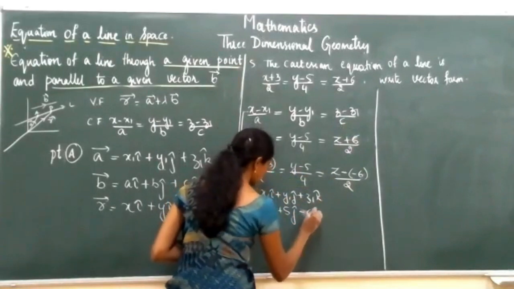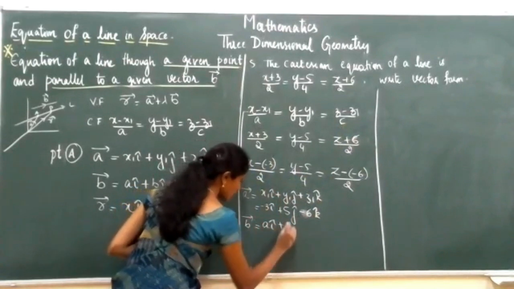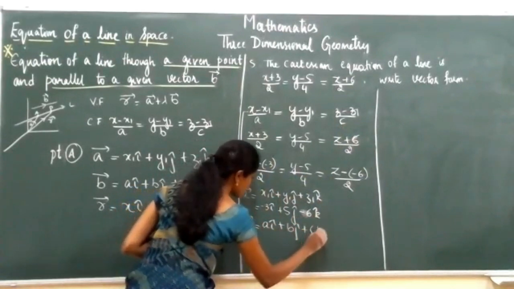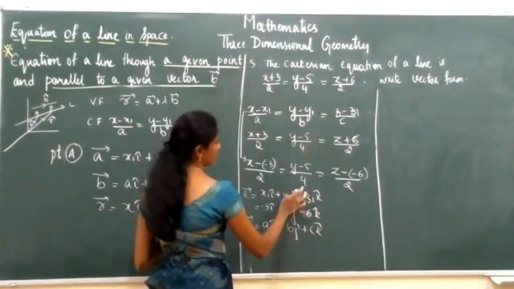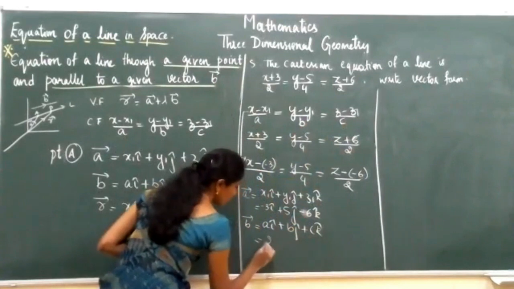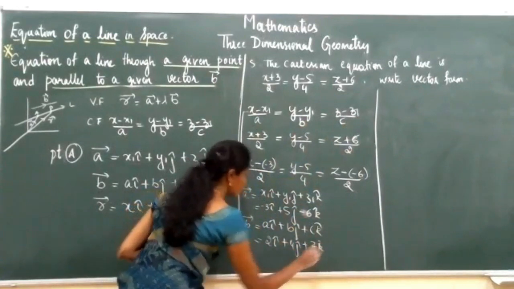So minus 6 k. Similarly, let us find vector B, which is a i cap plus b j cap plus c k cap. Comparing, a is 2, b is 4, c is 2. Therefore, 2 i cap plus 4 j cap plus 2 k cap.